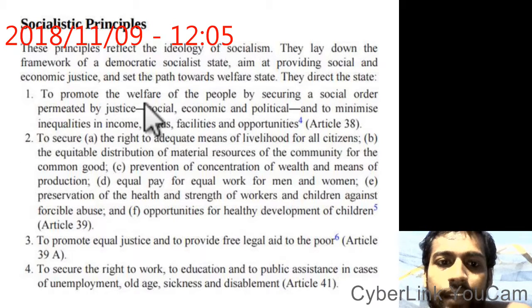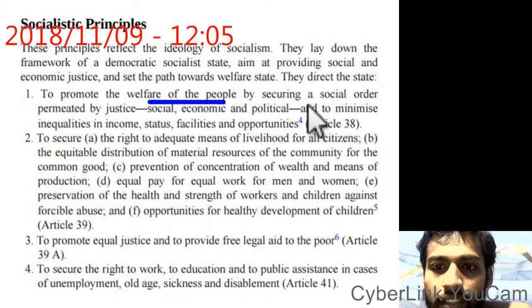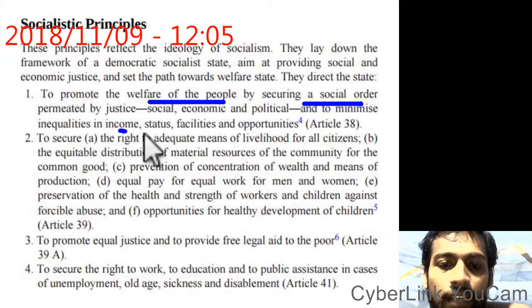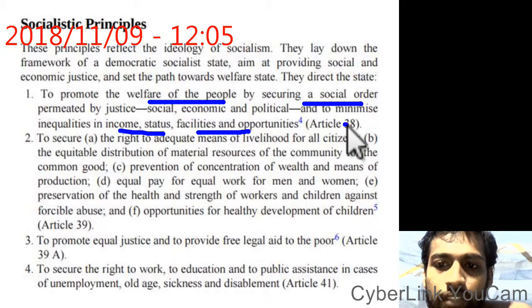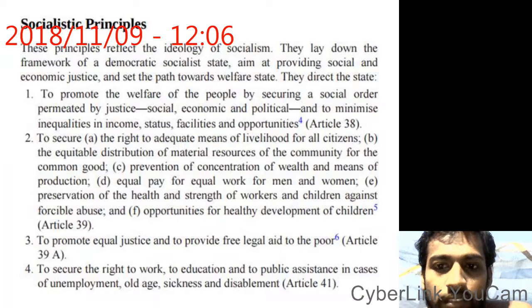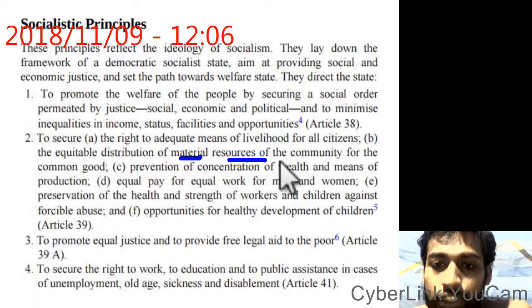Please remember, to promote the welfare of the people by securing a social order permeated by justice, social, economic, and political, and to minimize inequalities in income, status, facilities, and opportunity. Now, Article 39: to secure the right to adequate means of livelihood for all citizens, and an equitable distribution of material resources of the community.